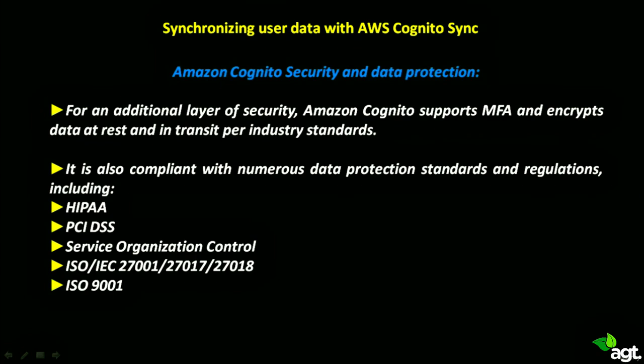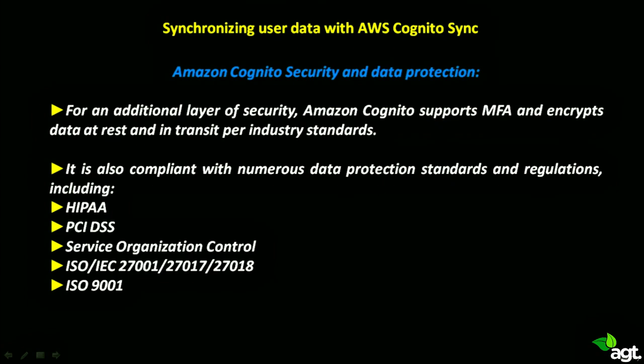Amazon Cognito security and data protection we need to understand, because security in Amazon Cognito aligns with AWS. It means the shared security model for data protection. AWS provides security of the cloud, while organizations are responsible for security in the cloud. For an additional layer of security, Amazon Cognito supports MFA and encrypts data at rest and in transit per industry standards.